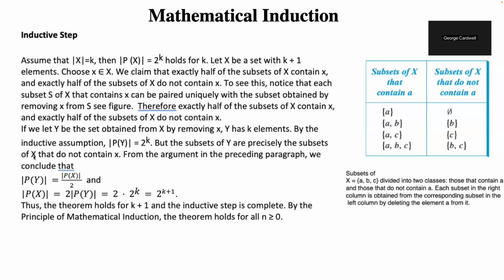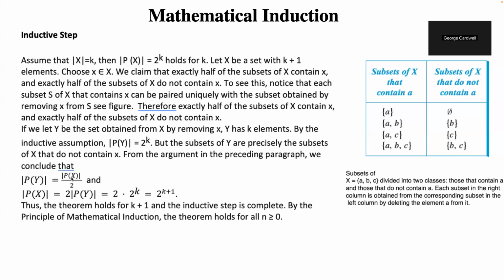So in other words, the subsets of Y are precisely the subsets of the set capital X that do not contain the element little x. In this argument, I can say the cardinality of P(Y) is the cardinality of P(X) divided by 2, because the number of subsets of Y will be half of the number of subsets of X.